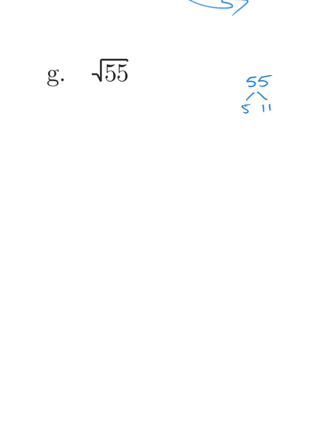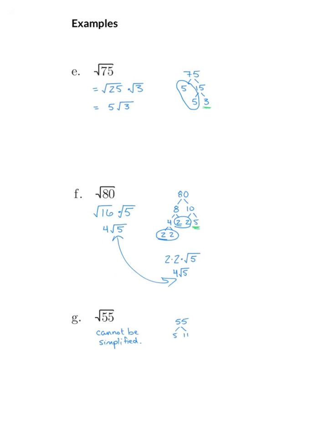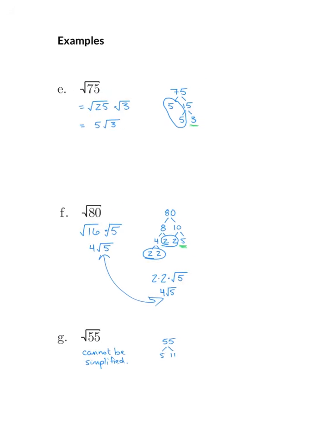And so what we say for something like this is that this cannot be simplified. So not every square root simplifies, but if it does, we should go ahead and simplify it.